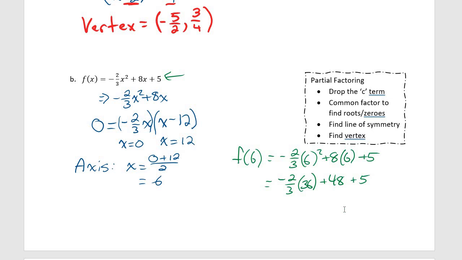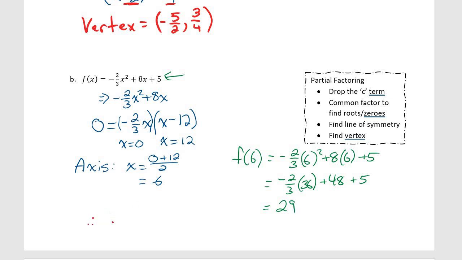And you could use your calculator at this point if you wanted to. 36 divided by 3 is 12. Times negative 2 is negative 24. Plus 48 is positive 24. Plus 5 is 29. Ugh, terrible writing. Sorry. 29.